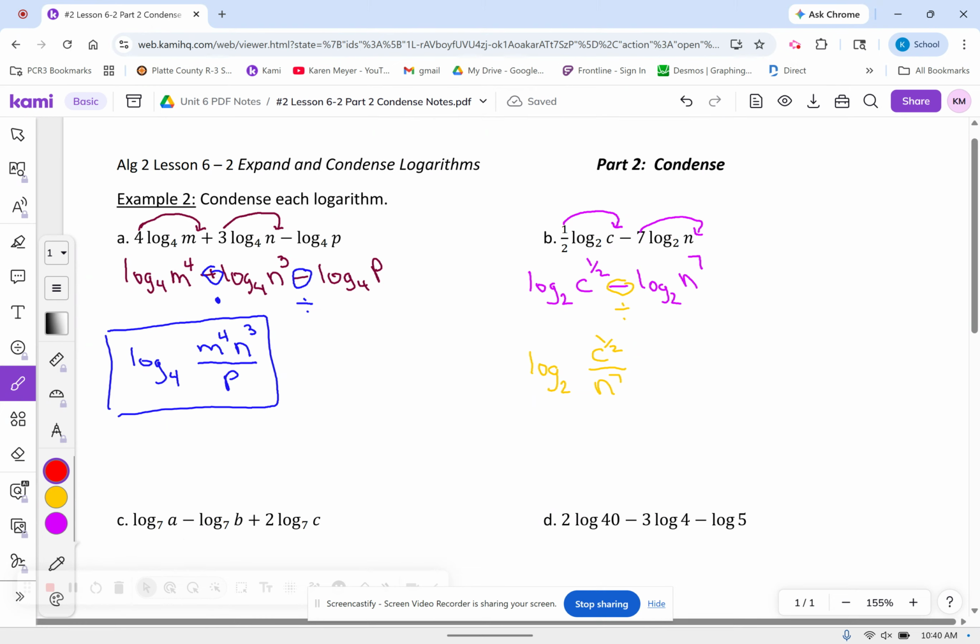Well, for condensing, there are no fraction powers allowed. So instead of doing a fraction power, what you want to do is change it into a root. So basically we're going backwards from what we were doing in expanding.